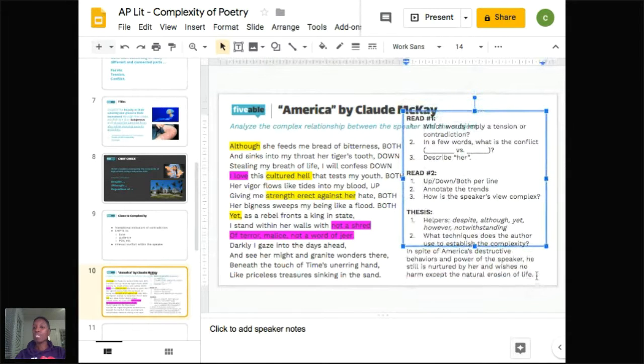And so for me, because that sentence is so full and rich, I would add another sentence for the thesis.